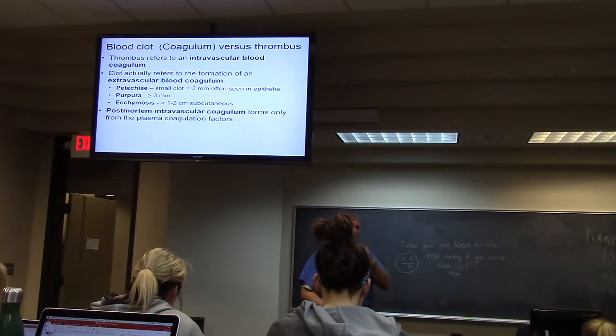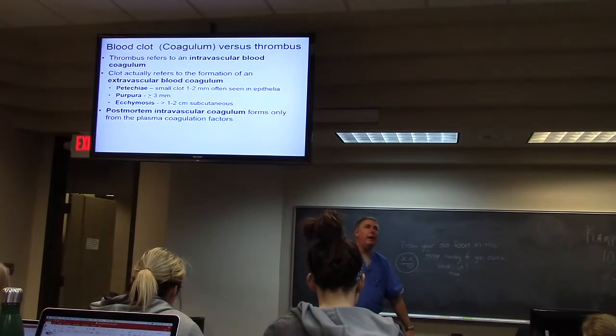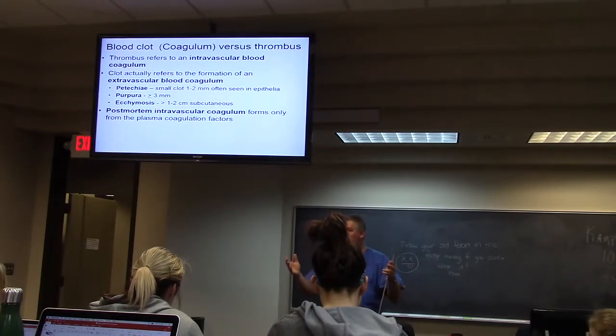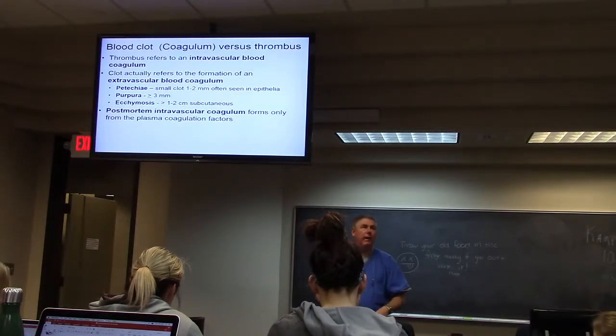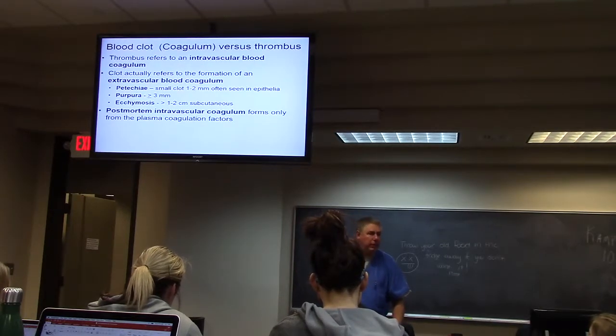There are a lot of diseases that produce petechiae. Next up is purpura, which is, I'll show you an example later on of a case of purpura. It's a more widespread or larger clot outside the vasculature. And finally, ecchymosis would be what you would think about as bruising, which can be large.